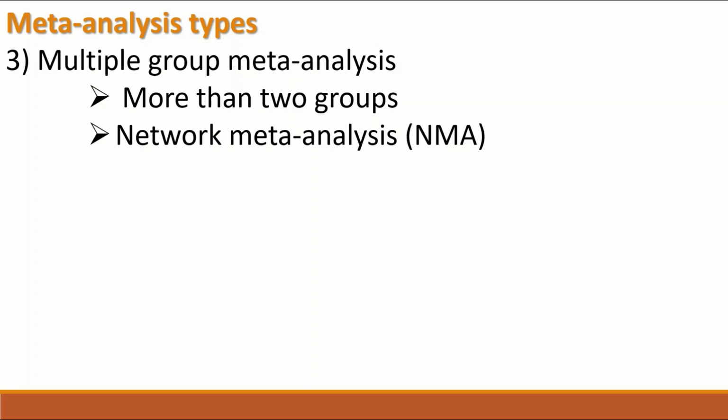So there are several different types of meta-analysis to perform, and selection of each type depends on the experimental or intervention design and the outcome, whether there is a single group, pairwise group, or multiple groups.